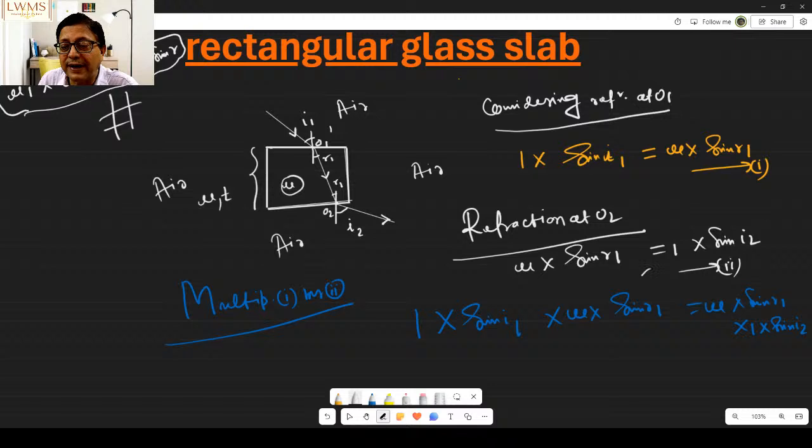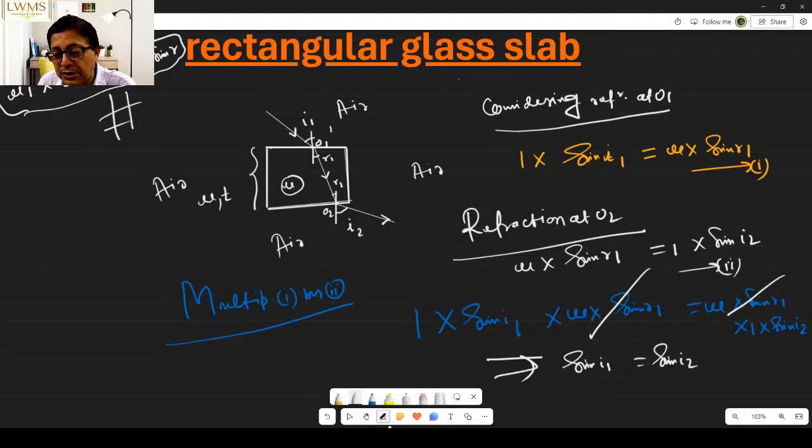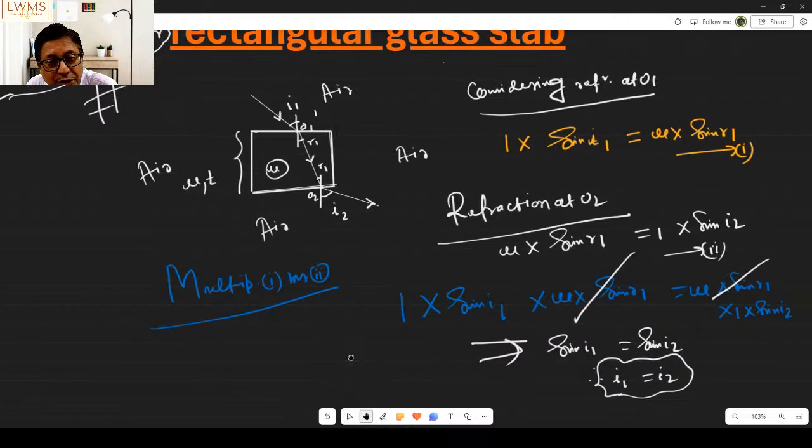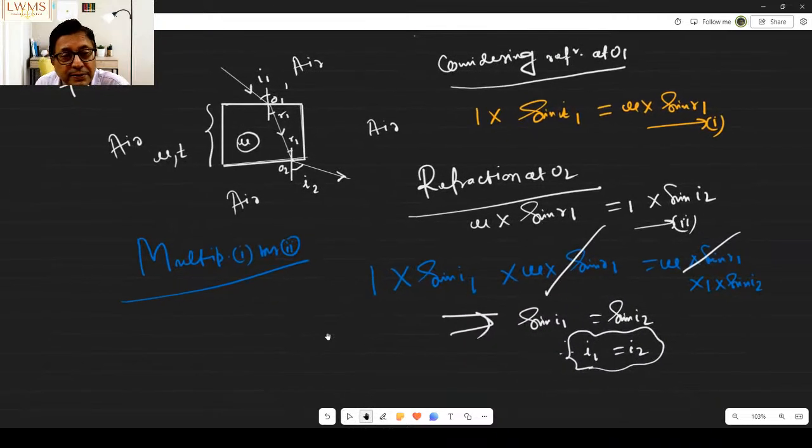If you cancel the factor mu sin R1, this implies sin I1 equals sin I2. So I1 equals I2. Clear? So the angle of incidence is going to be equal to the angle of emergence: I1 equals I2.